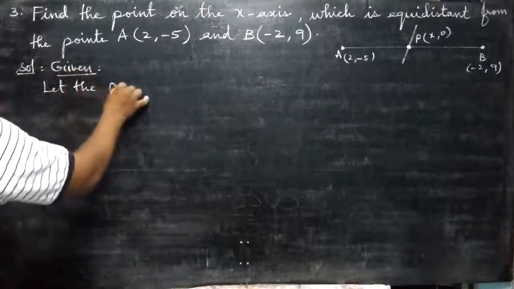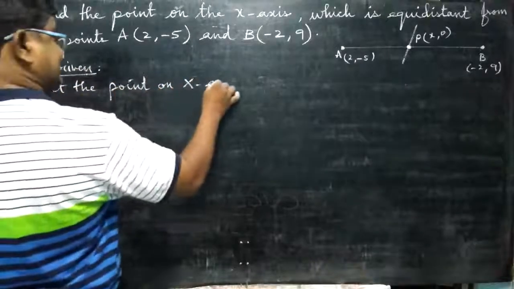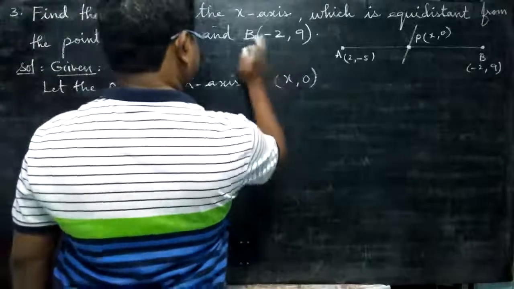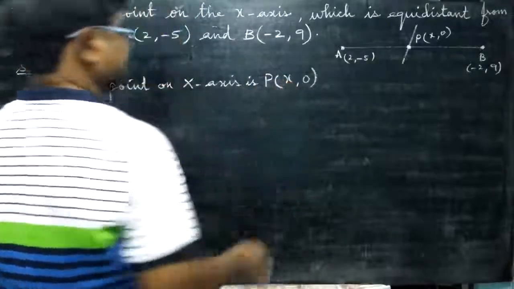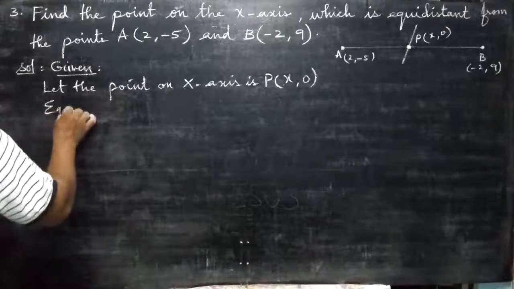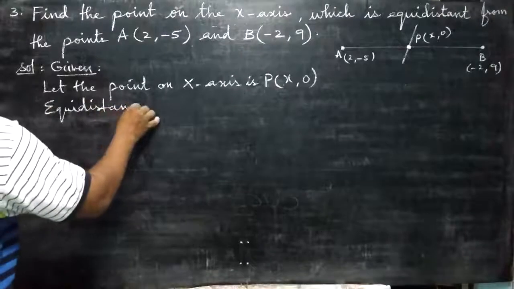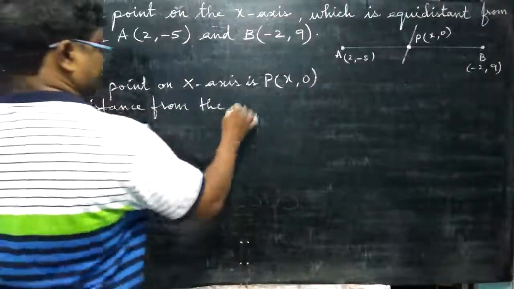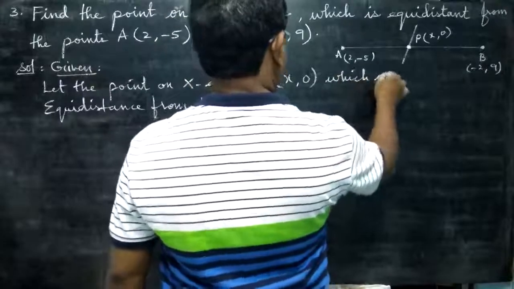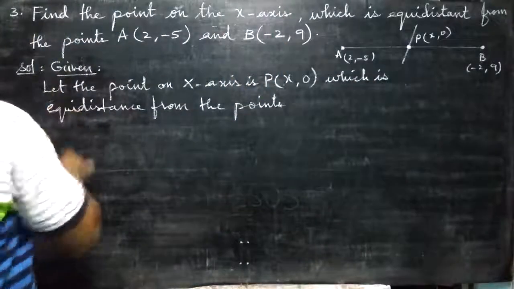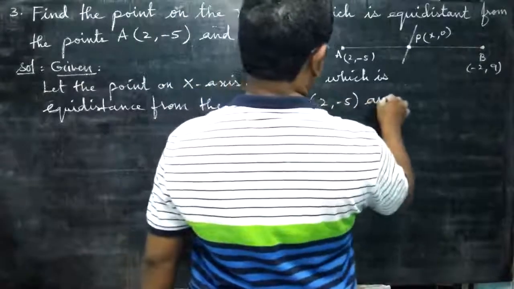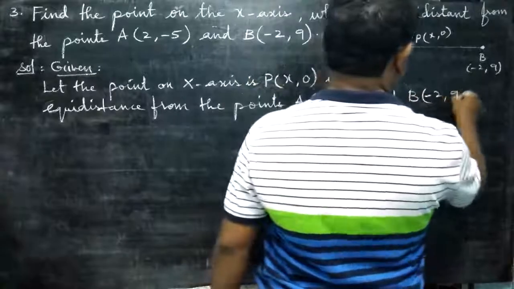Now the solution. Let the point on the x-axis be P, x comma 0, which is equidistant from the points A 2 comma minus 5 and B minus 2 comma 9.